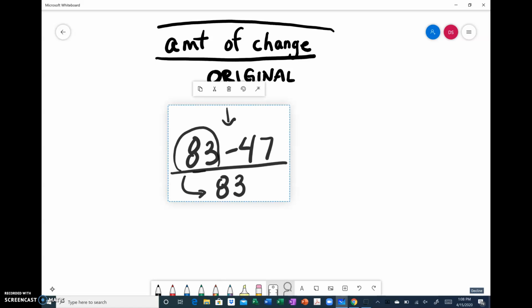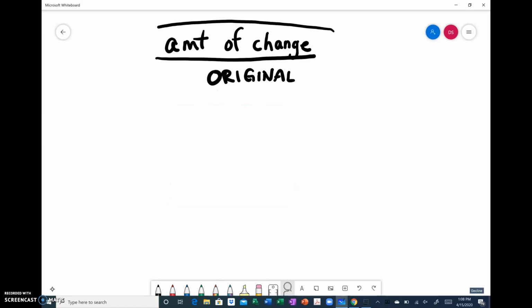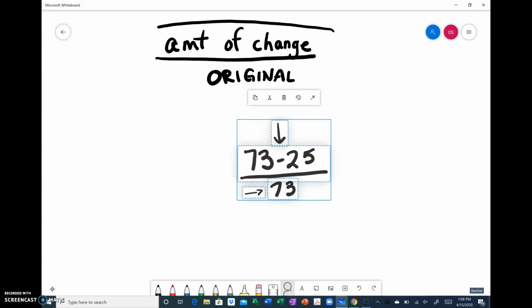Let's look at B. 73 minus 25 over 73. Same reasoning as A. This subtraction shows a decrease from the original amount of 73. So this one is showing percent of decrease.